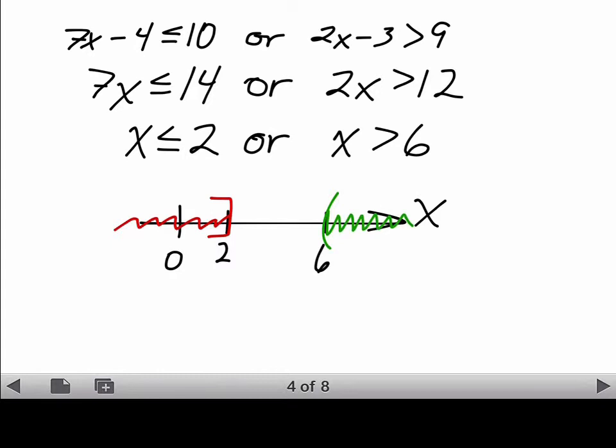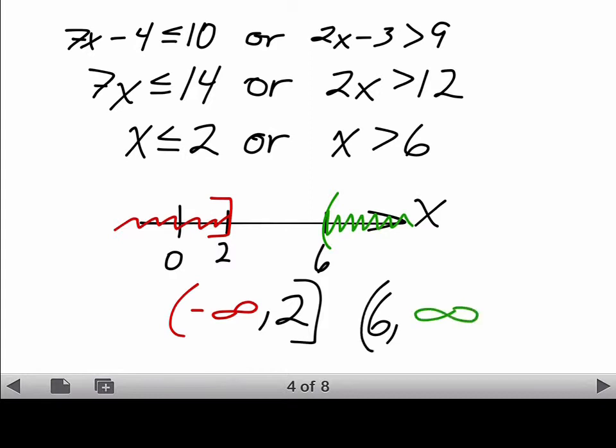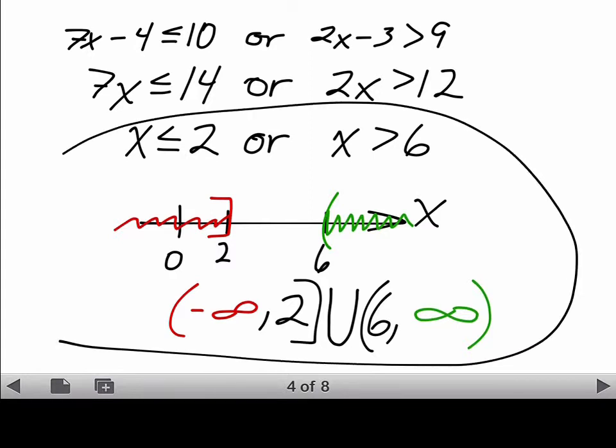I'll shade accordingly, and I see that I have 2 distinct intervals from negative infinity to 2 with a square bracket at 2, and then from 6 to infinity with a parenthesis at 6. And remember, the infinities always get parentheses, and because I have 2 distinct intervals, I'm going to join them with a union symbol. And I have the solution, the graph, and the interval notation.